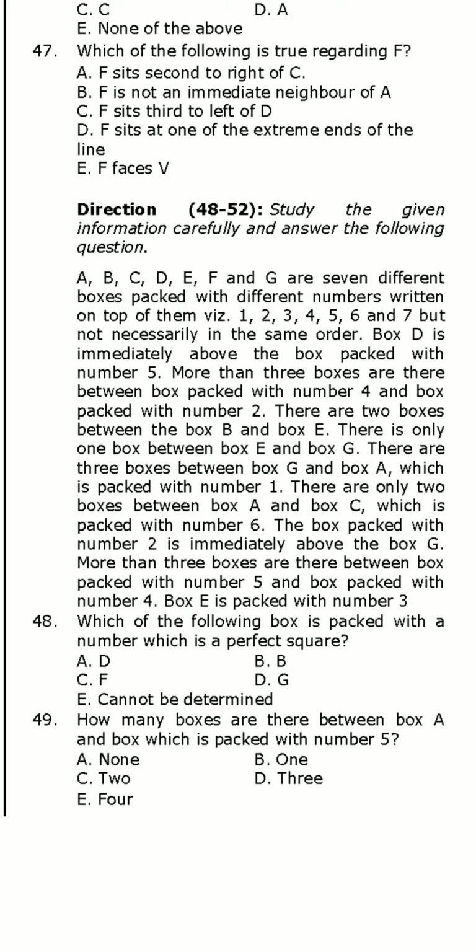If you can understand the question, this seems little easy, but the challenge is speed. Do you have the speed? Because we only have 1 hour and we have 100 questions to solve. So how many questions can you solve in 1 hour? So 48 to 52 is again box arrangement.